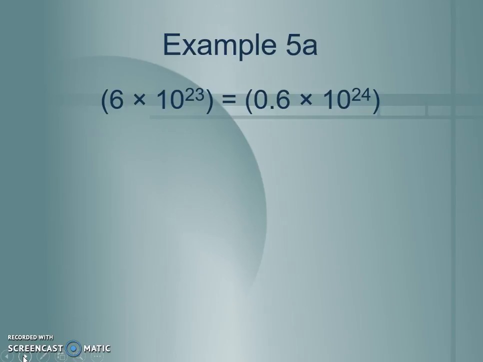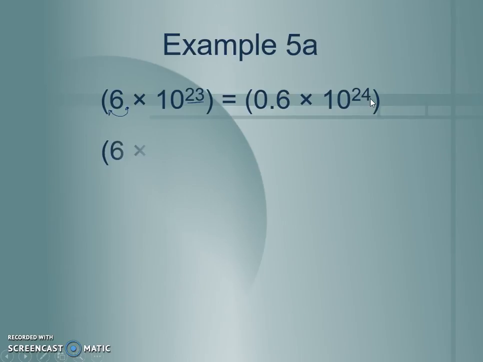Well, we're just subtracting. The problem is the fact that one is given to us in 10 to the 23rd and one is given to us in 10 to the 24th. So what they're doing here is they're making them both 10 to the 24th. So to make our 23rd to the 24th, our exponent goes one higher, so our number has to appear one lower. So we end up with 0.6 times 10 to the 24th.